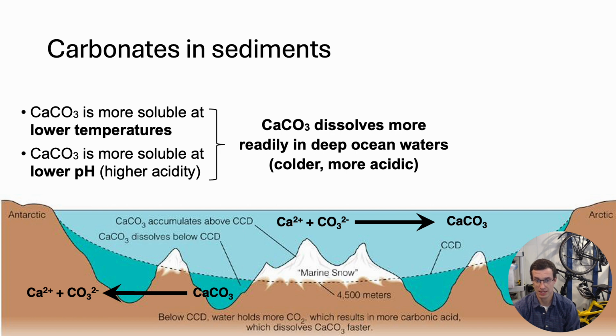Below this dashed line is where dissolution is occurring faster than settling. And this is the so-called carbonate compensation depth, or CCD. And it occurs in the deep ocean because calcium carbonate is more soluble at lower temperatures, it's colder in the deep ocean, and it's more soluble at lower pH, high acidity. And so below that CCD, you have no carbonates in the sediments.